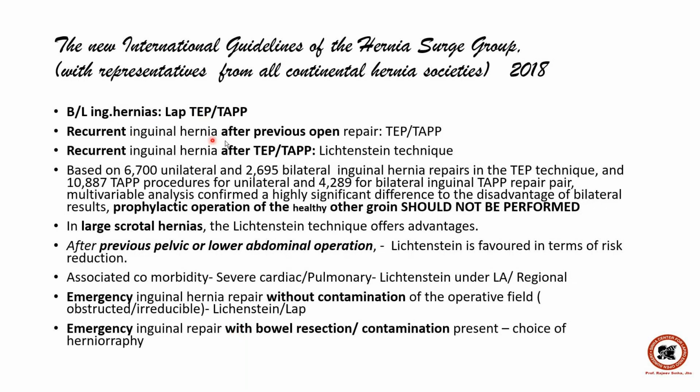Recurrent inguinal hernia after previous open, laparoscopic. Recurrent after laparoscopic, prefer open technique. Simple, right? Now, what about prophylactic operation? A prophylactic operation of the healthy other groin should not be performed. See this. Why I just now told you that the incidence of neuralgia is quite high, and you may be creating a major problem rather than benefiting the patient.